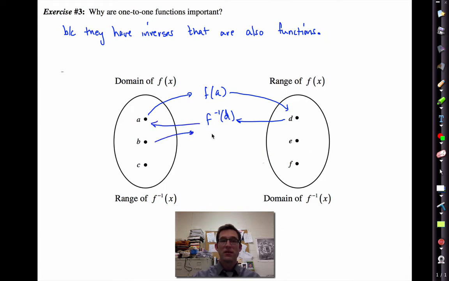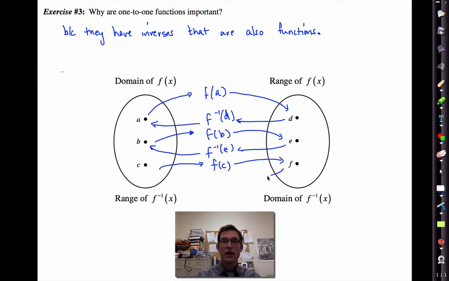Likewise, when B goes into F, it gives you E out, and when E goes into F inverse, it gives you B out, right? C goes into F, it gives you F, and when F goes into F inverse, sorry about that, it gives you C.